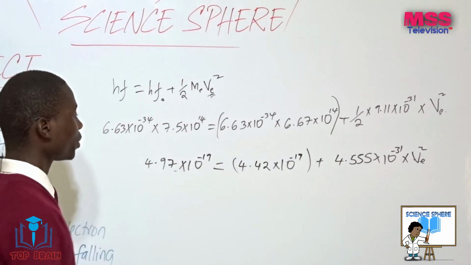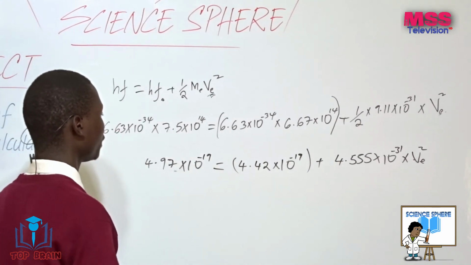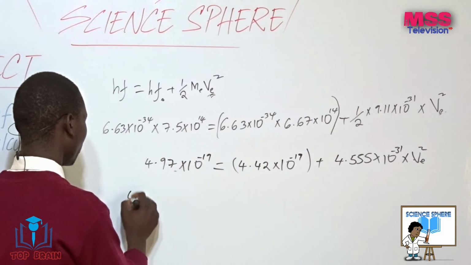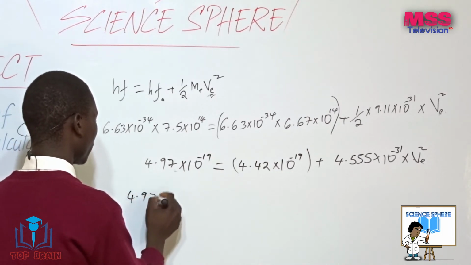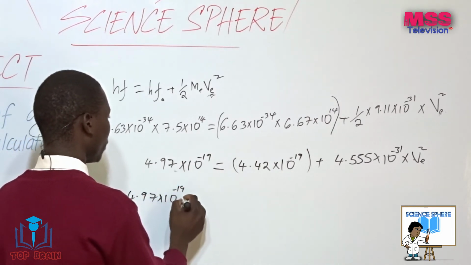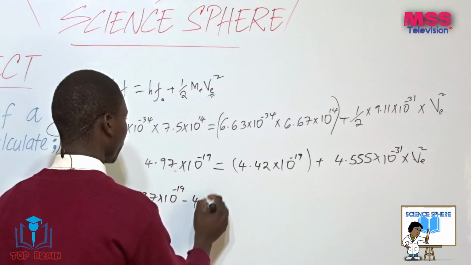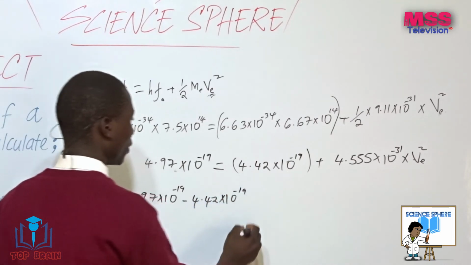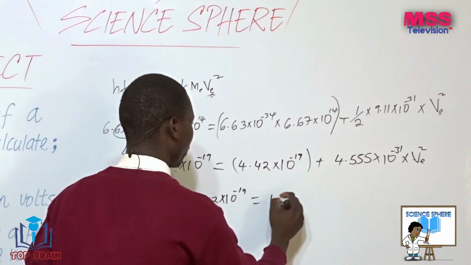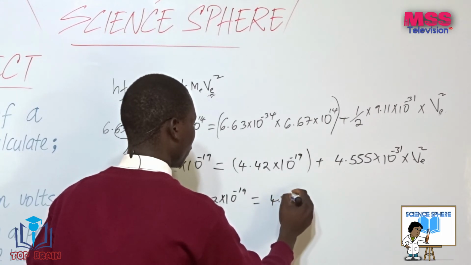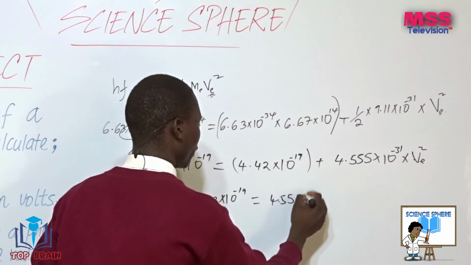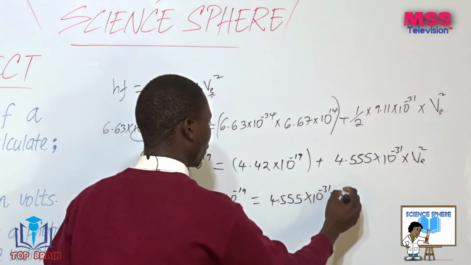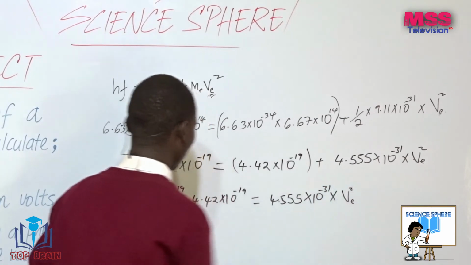So now we take 4.42 times 10 raised to negative 19 to the left hand side. We are going to get 4.97 times 10 raised to negative 19 minus 4.42 times 10 raised to negative 19 equals 4.555 times 10 raised to negative 31 times V e squared.